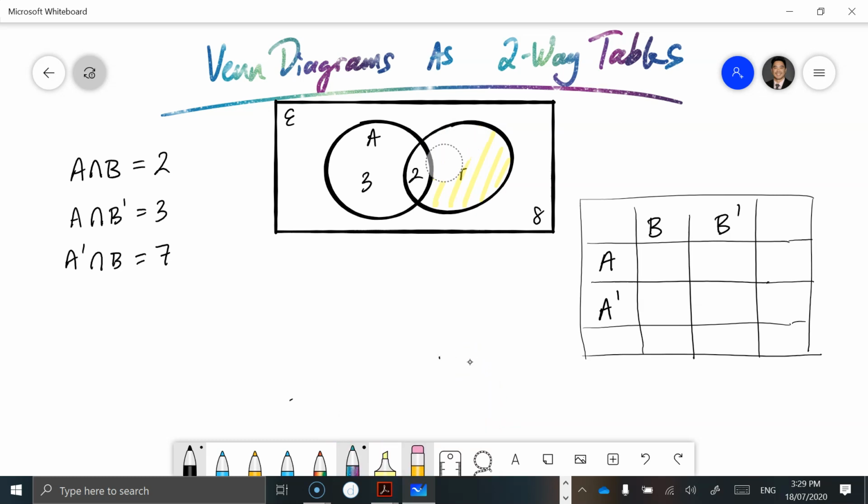And so we'll take this out. So B is 7 here. And then lastly, if we were to look at everything that doesn't belong to A and doesn't belong to B, that's going to be everything on the outside. And that number is 8.